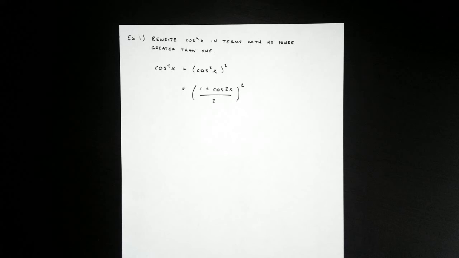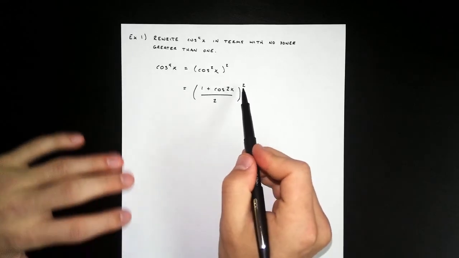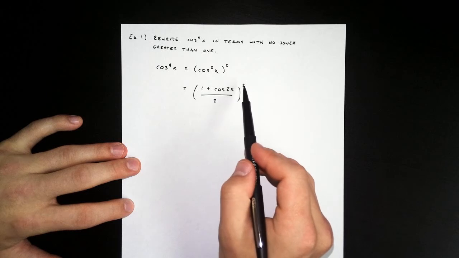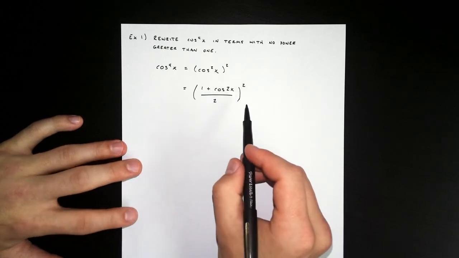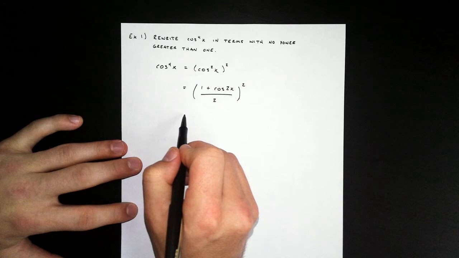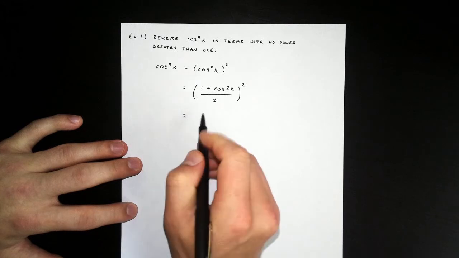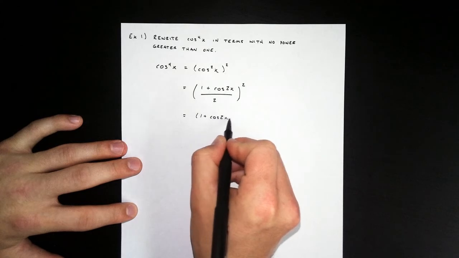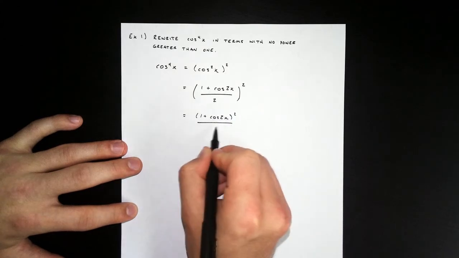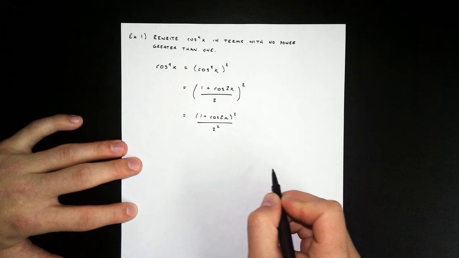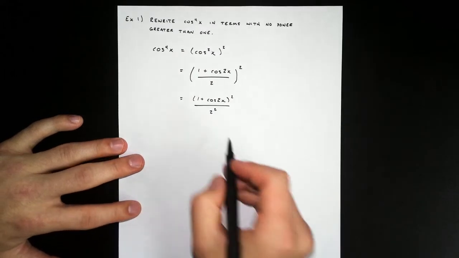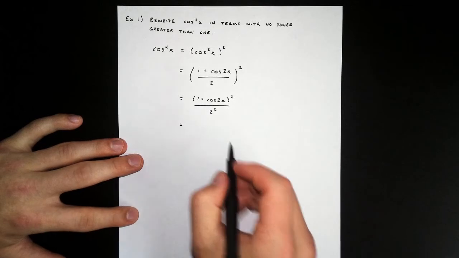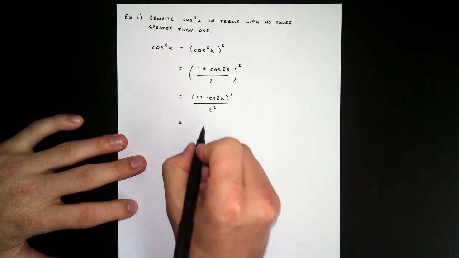So not done yet, because this is still raised to the second power. I don't want any power greater than 1, so I need to keep working with this. Let's square our fraction. To square the fraction, we are going to square the numerator, and we'll square the denominator as well. In the numerator, this is a binomial squared, so we can use our pattern for that.